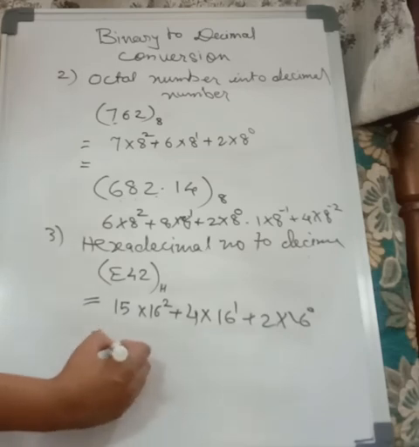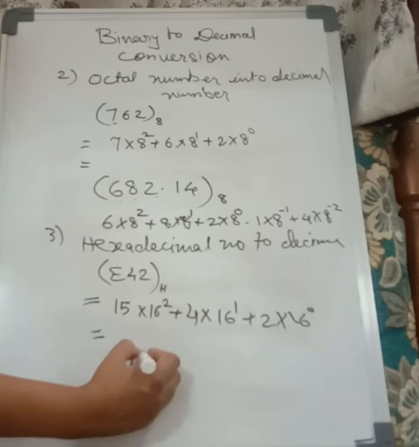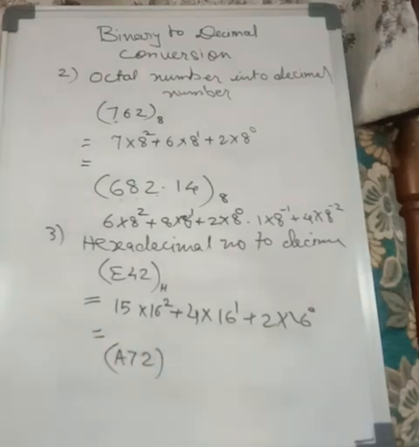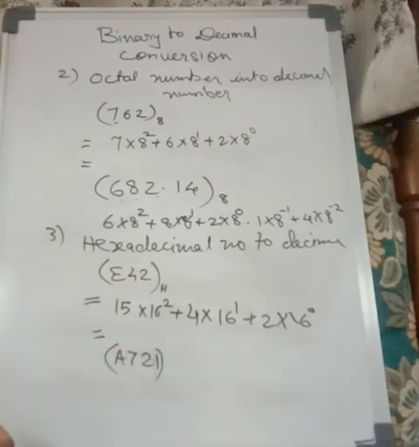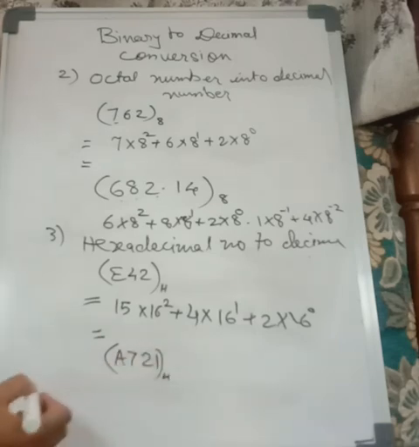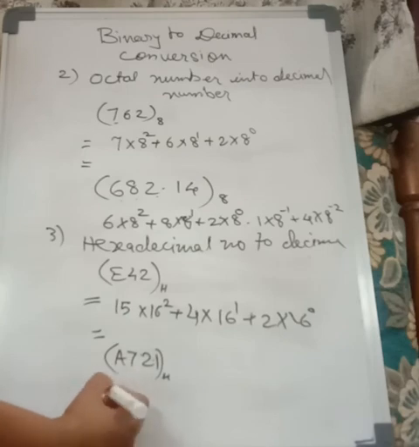Okay, suppose the same kind of number we are having along with some decimal point, A72.1, suppose I have. And this is my hexadecimal number. And now I want to convert it into the decimal number system. Then A is what? A is 10.